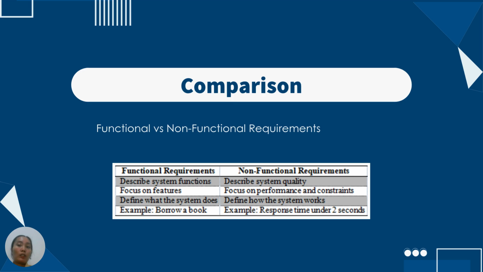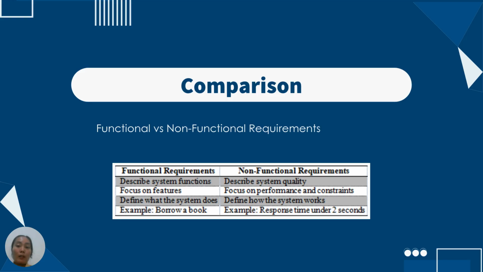Comparison. This table shows the difference between functional and non-functional requirements. Functional requirements focus on the services and features of the system. Non-functional requirements focus on the quality and performance of those services.